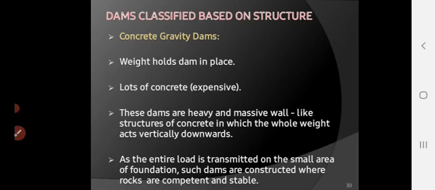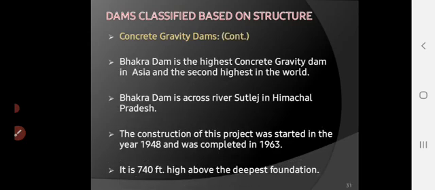These dams are heavy and massive wall-like structures of concrete in which the whole weight acts vertically downwards. As the entire load is transmitted on this small area of foundation, such dams are constructed where rocks are competent and stable. So it requires a very huge and strong, solid, rocky foundation.